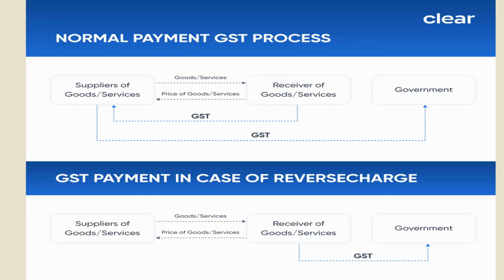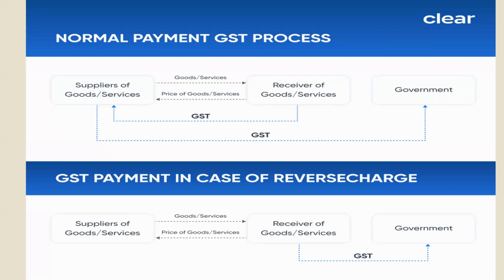The GST part of that invoice will be deposited by the receiver of the goods and services with government. That's what is called reverse charge mechanism. Now, reverse charge mechanism applies to very few goods and services, specifically where most suppliers are unregistered. I'm not saying that's the only thing, but we will see what that reverse charge mechanism is.